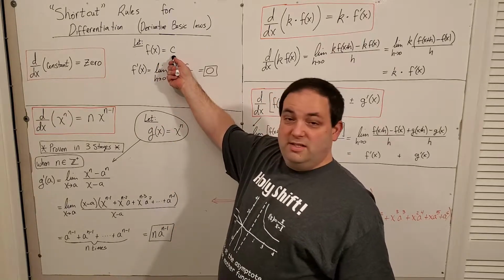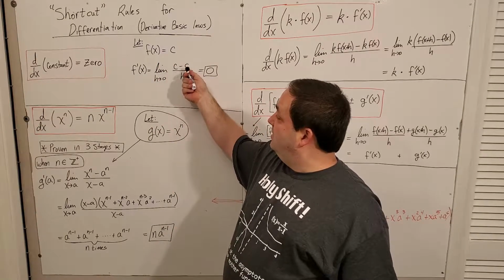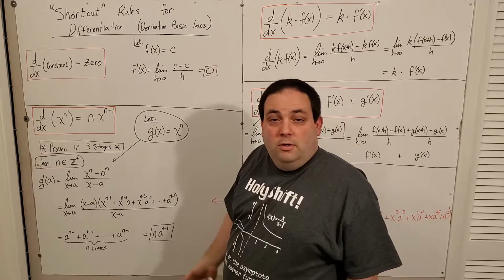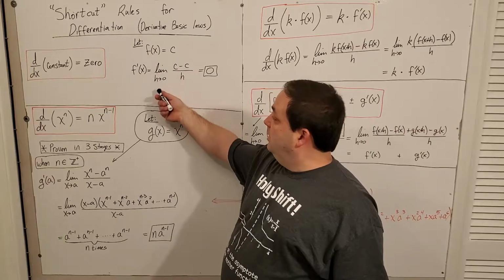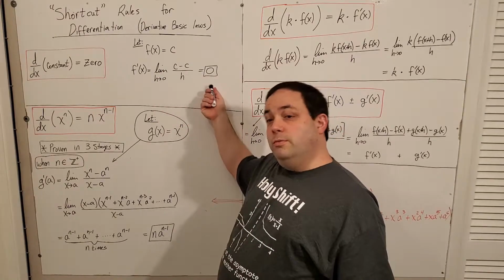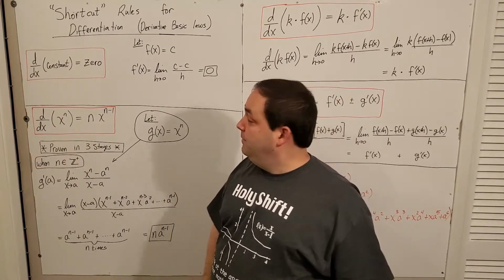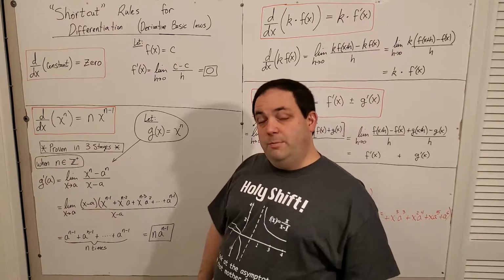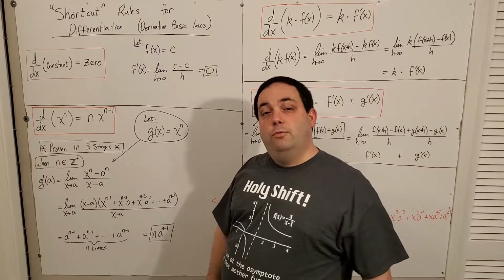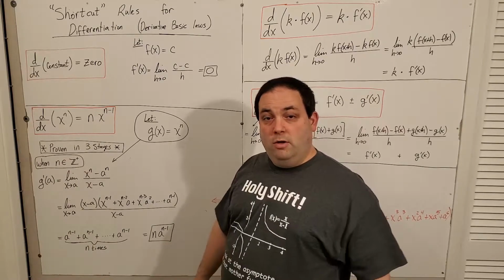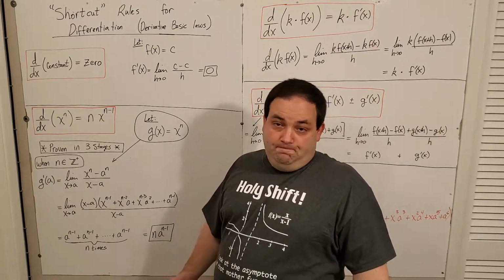It's always equal to c, right? So c minus c gives me 0 in the numerator. 0 divided by h is still 0 for every value. The limit as h goes to 0 of 0 is 0, okay? It's a bit of overkill, but it's a very handy rule to get through our derivatives quicker for those things that don't have x in them, okay?